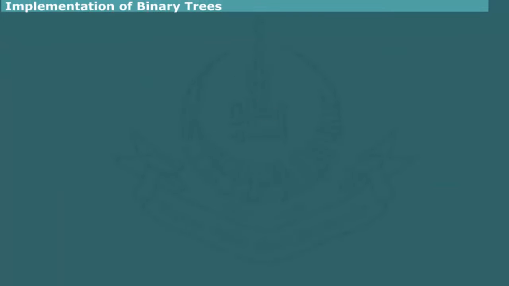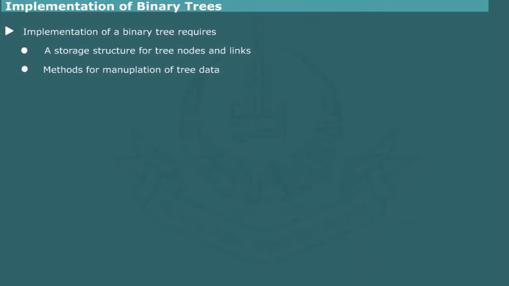Implementation of binary trees. Implementation of a binary tree involves storage representation of nodes and coding of associated operations. We first consider the storage structure aspects of the implementation. Two common approaches are used to define tree structure.